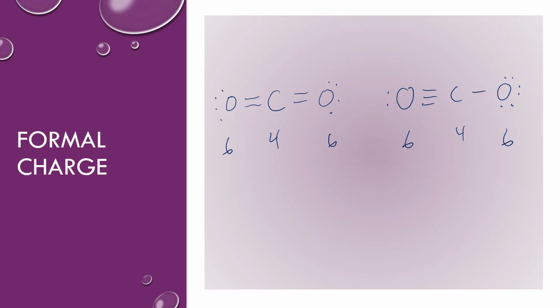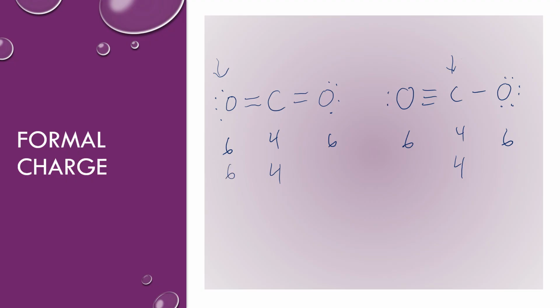So let's look at the carbons first. Carbon has 4 bonds on it. Each bond counts as 1, so that would be 4 for that carbon. There are no lone pairs. The other carbon also has 4 bonds, so we count that as 4. Now let's look at oxygen. This first oxygen here has 2 bonds and 4 electrons in lone pairs, so that's 6 total.